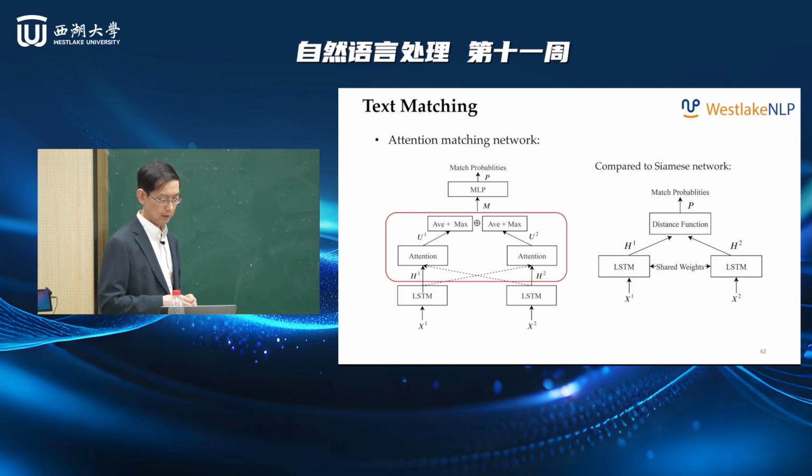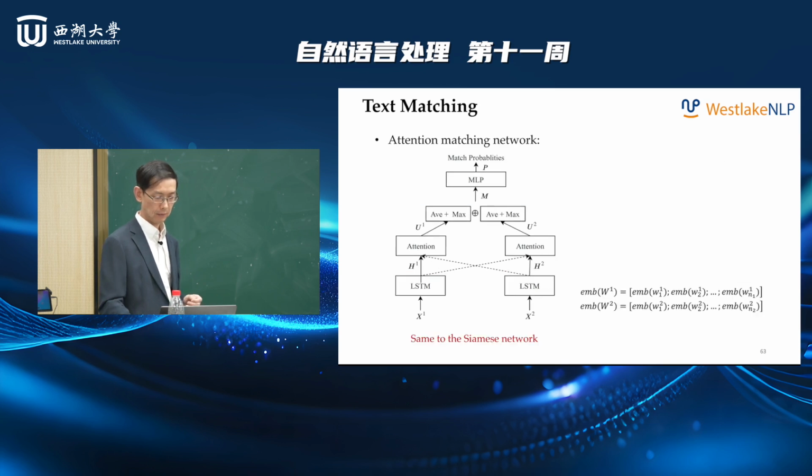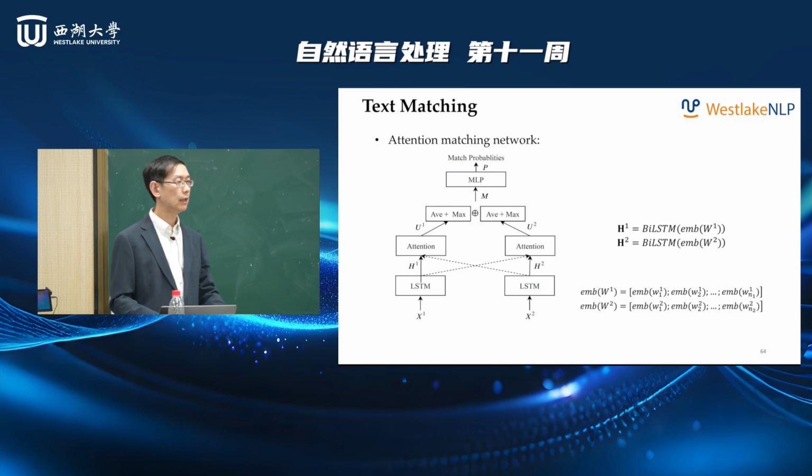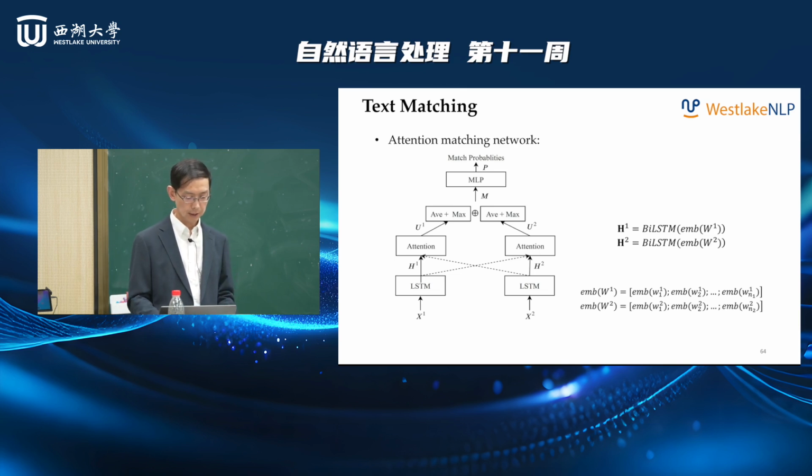Okay? So it's the attentional neural layers. The remaining are the same. I will introduce this attention matching to you. First, the embedding layer is the same as the Siamese network. Second, the hidden representation layer is the same.